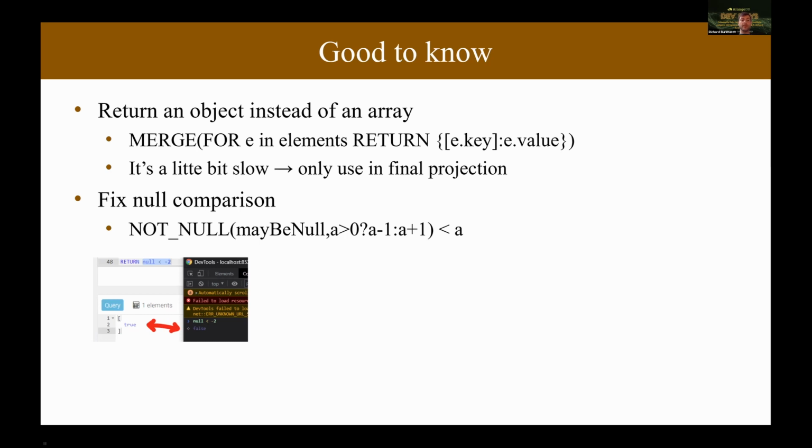But if you do the same thing in JavaScript, you will get a false. And for me, it's more natural to say null is less than -2 instead of greater. To fix that, I made this not null statement, and you can use it to fix it.